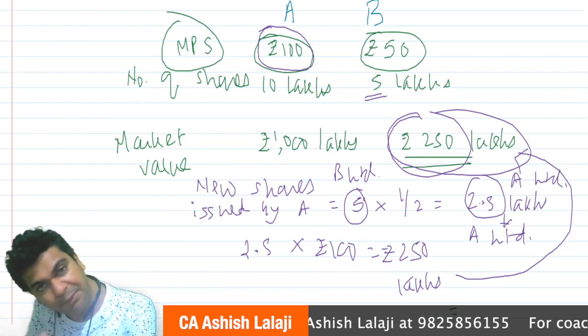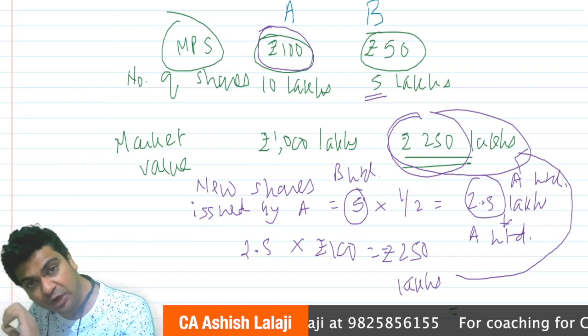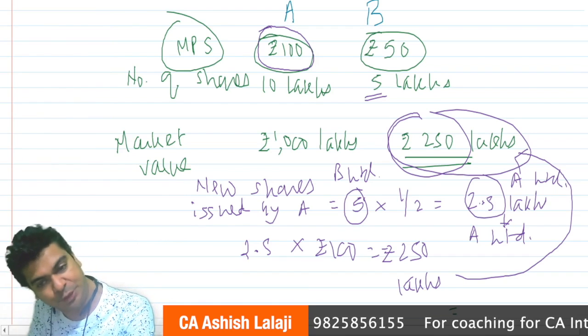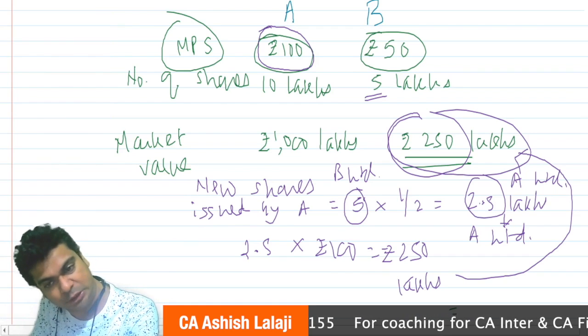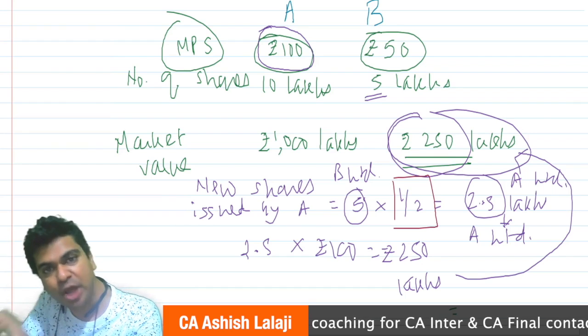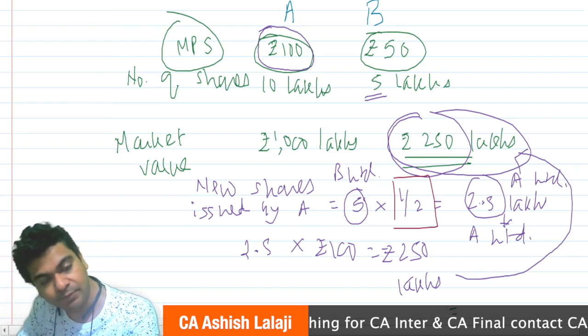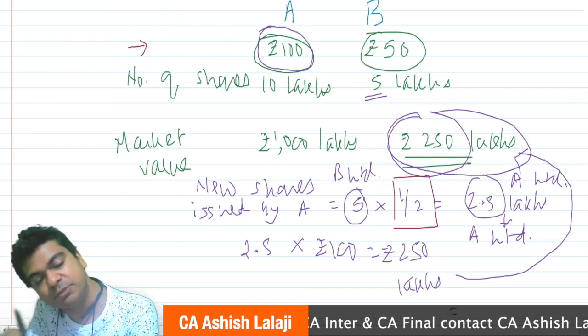So, we are basically introducing a calculation known as share exchange ratio over here. As you can observe, the share exchange ratio that we used was 1 by 2. So how is the share exchange ratio calculated? In our case, we base the share exchange ratio on market price per share.